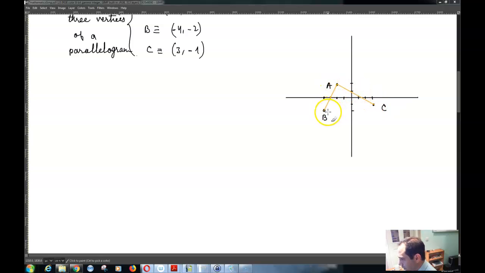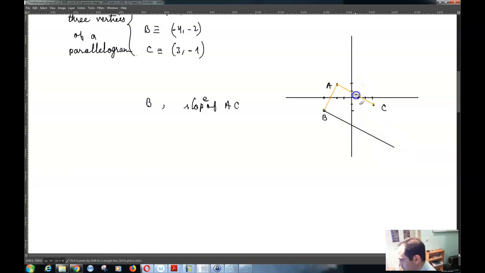I can find the equation of a line parallel to this line, and 1 point on this line, meaning that we already know the slope of AC, and we know 1 point over here. So if there is a line that goes through the point B, and the slope of that line is the slope of AC, then we can find the equation of the line over here, which would be some line like this.